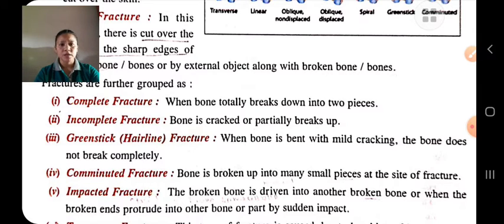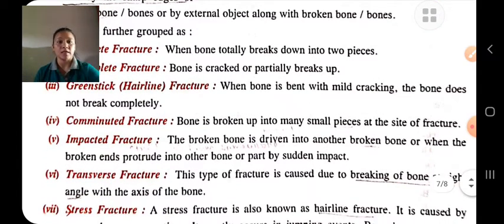Comminuted fractures means the bones break into many small pieces at the site of fracture.